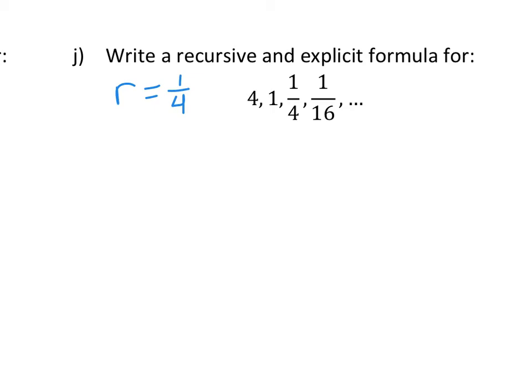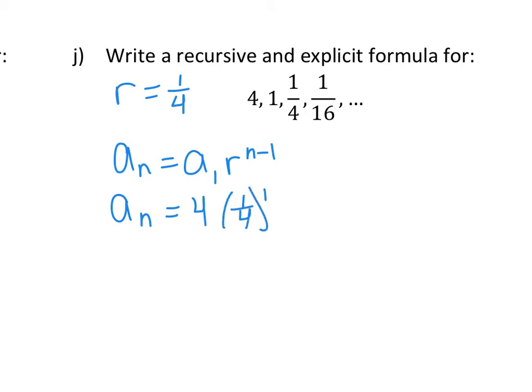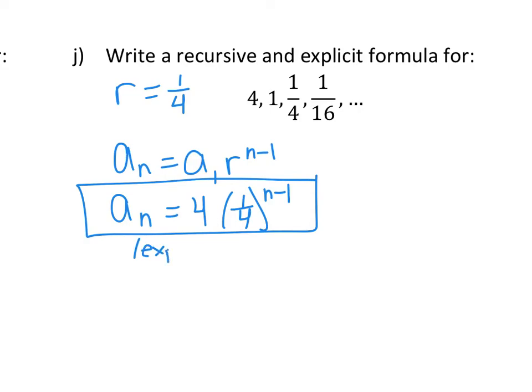And the explicit formula is a sub n equals a sub 1 times r to the n minus 1. A sub n equals, my first term is 4. My common ratio is 1/4. So this right here, that's the explicit formula. I'll just put a notation. This is explicit.